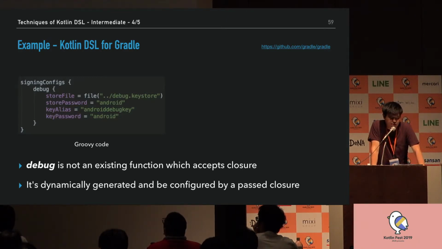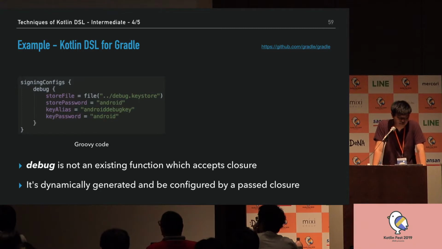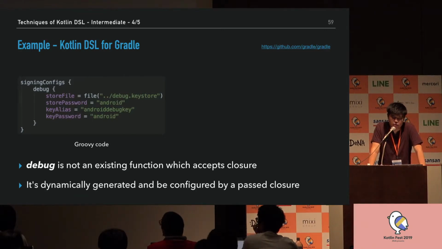But debug is not an existing function which accepts a closure. Groovy will pass a closure to signingConfigs and create or find the debug configuration dynamically, I mean at runtime.